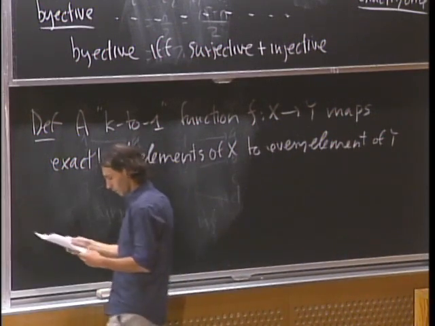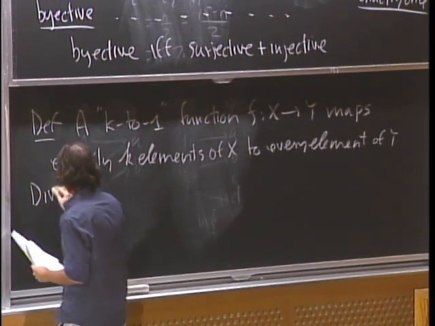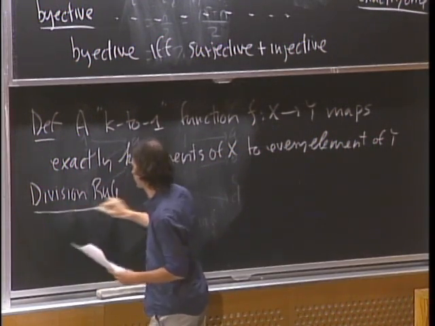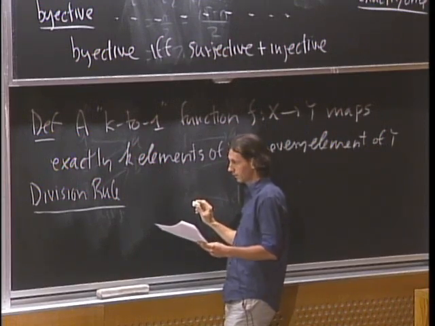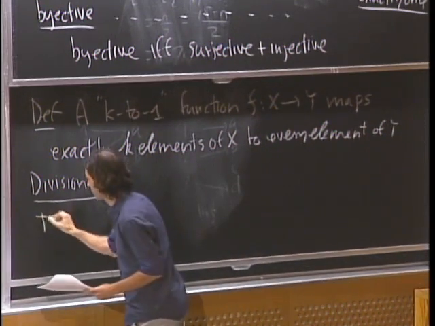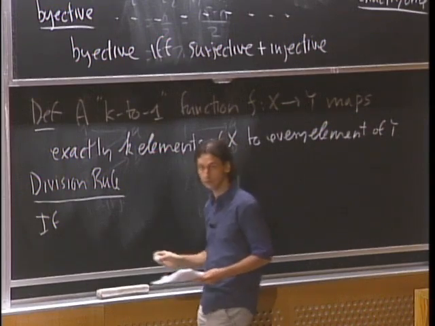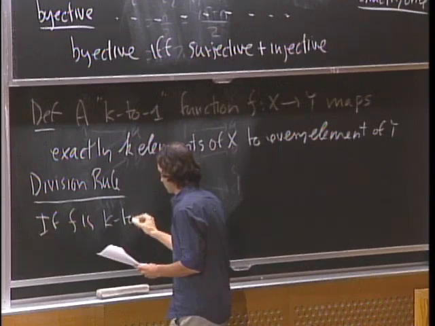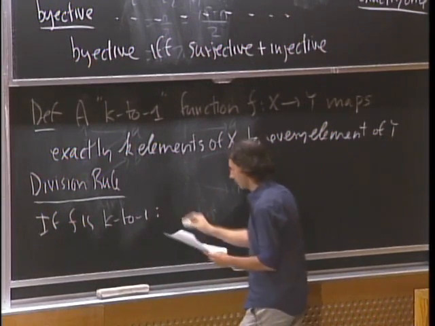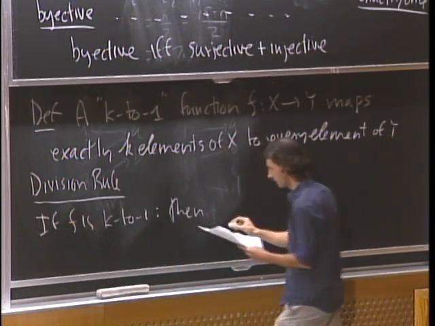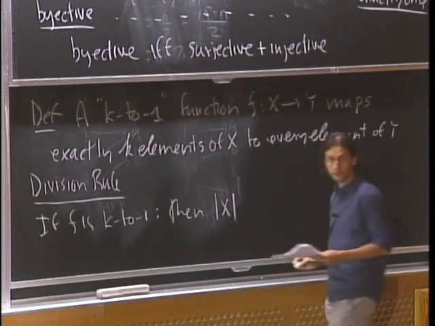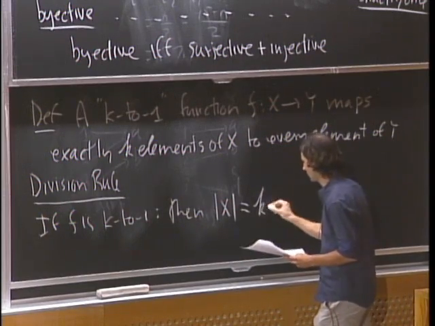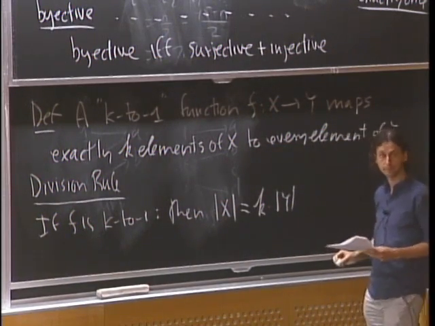So what do we know? Well, we can have the following counting rule that we call the division rule. And it says that if f is such a type of function, so if f is k to 1, well then we know that the cardinality of the domain is equal to k times the cardinality of y.